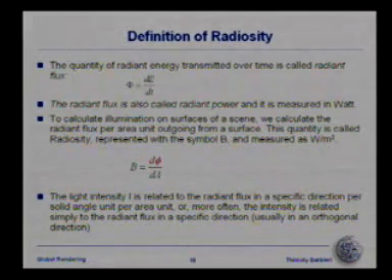Because the problem of the flux is that I give the time, I give the surface, but I am not giving any direction. So by convention, I will define the light intensity as the radiosity which is outgoing from the surface in the orthogonal direction, which is only one of the infinite possible directions in which the flux can be outgoing.